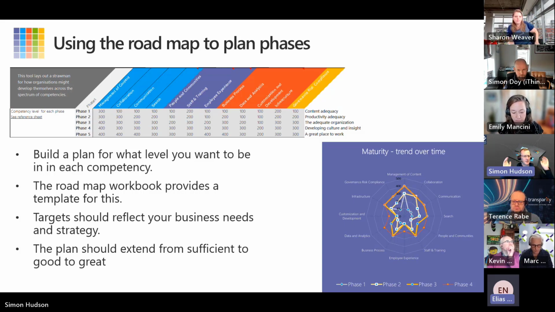It's no good saying we're going to become absolutely fantastic at customization and development if customization and development is not part of your strategic plan for the year. Maybe the organization's really worrying about its organizational culture. That's where you should be pushing the numbers up a bit higher than our default straw man model here.